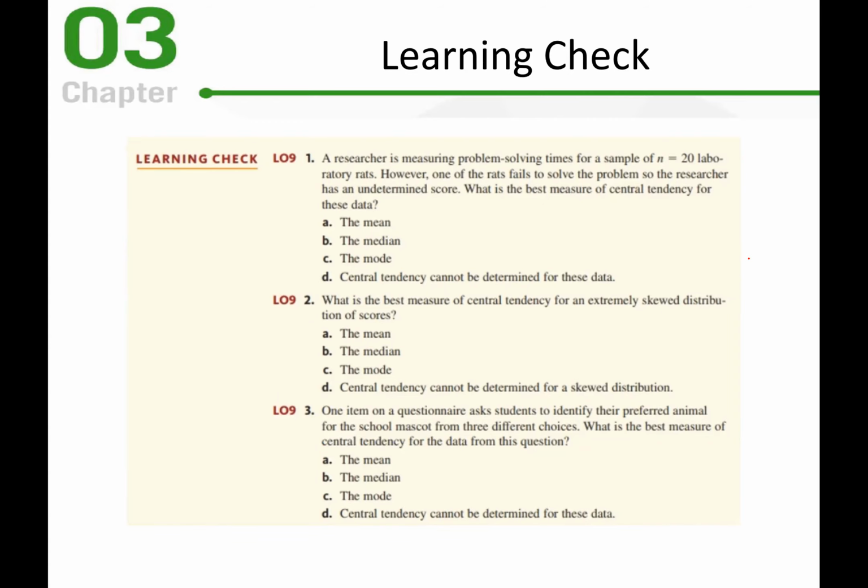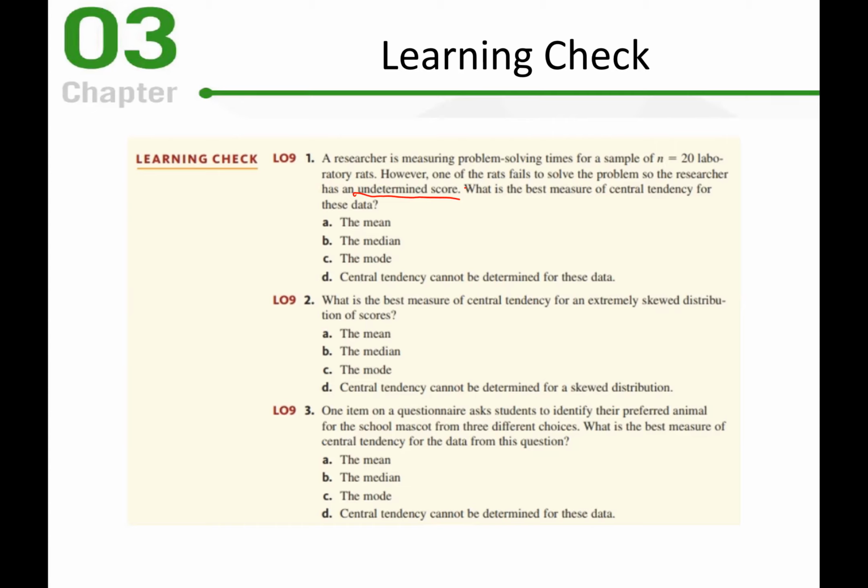So let's do some of these questions. A researcher is measuring problem-solving times for a sample of 20 laboratory rats. However, one of the rats fails to solve the problem, so the researcher has an undetermined score. What is the best measure of central tendency for these data? Well, if you have an undetermined score, you can't calculate the sum of the scores, which is a part of calculating the mean.